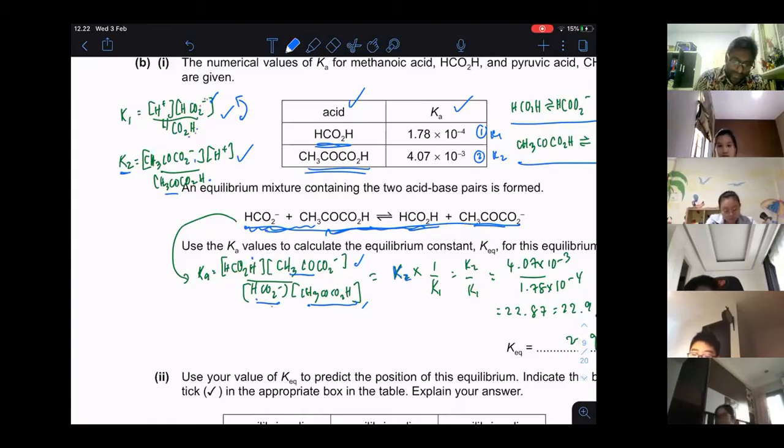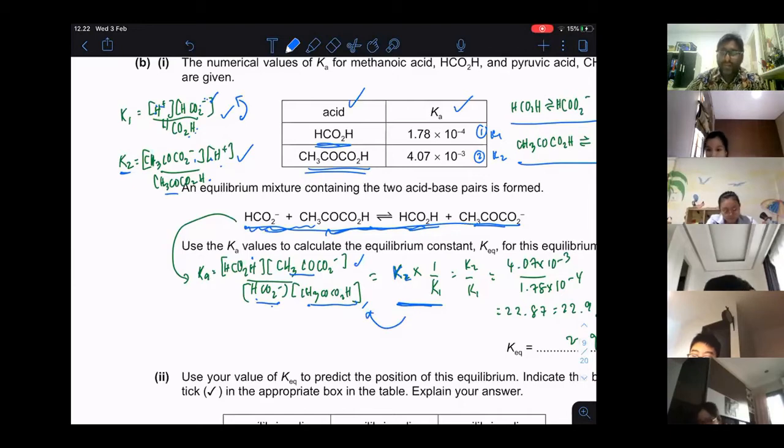So the H and H over here will cancel. So eventually I'm going to get this. It means I came with this expression first: K2 divided by K1. That's actually the K equilibrium. So this is going to be the expression.